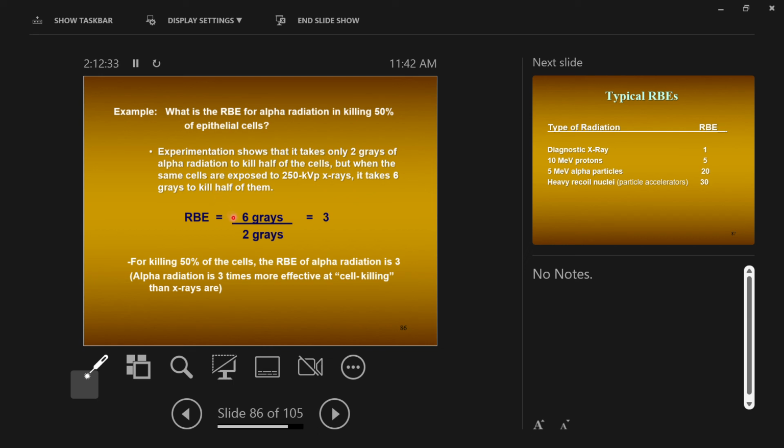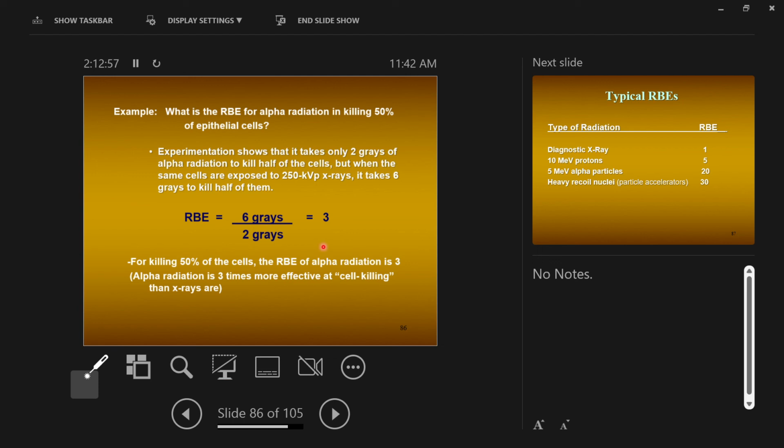So the formula is really straightforward. Take the effect you want, and say how many grays it takes to cause that effect in X-rays, and put that at the top. How many grays does it take to cause that effect in the other type, alpha radiation, and put that in the denominator, the bottom. 6 divided by 2 is 3. The relative biological effectiveness of alpha radiation is 3 when compared to X-rays.